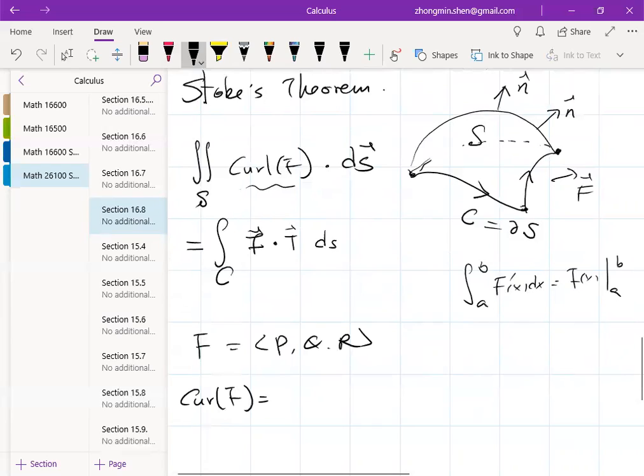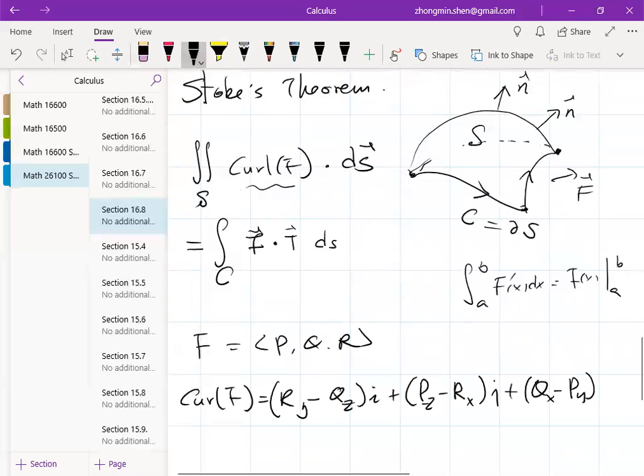Just use a matrix as a definition. Here it is. So this is going to be three parts. The first part is (R_y minus Q_z) i, plus (P_z minus R_x) j, and (Q_x minus P_y) k.